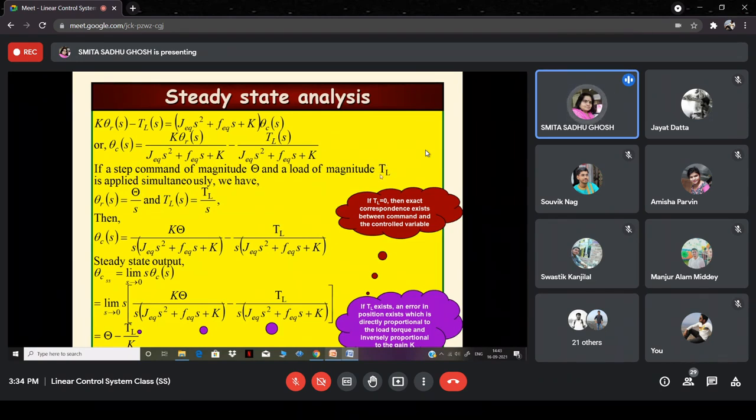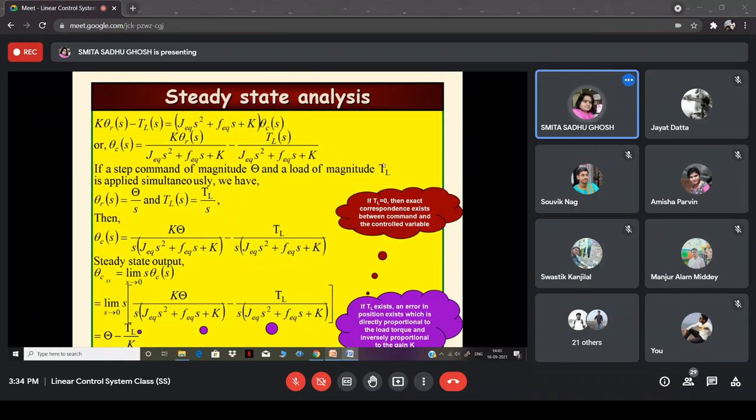So this T_L is similar in notation to the T_L(s) that we had, but here the italics has not been used. So this is a constant. T_L over here is the constant amplitude of the step that is being applied as the disturbance signal, whereas this T_L(s) is not a constant value, right? So T_L(s) is basically the input signal, but the value of which is yet to be determined.